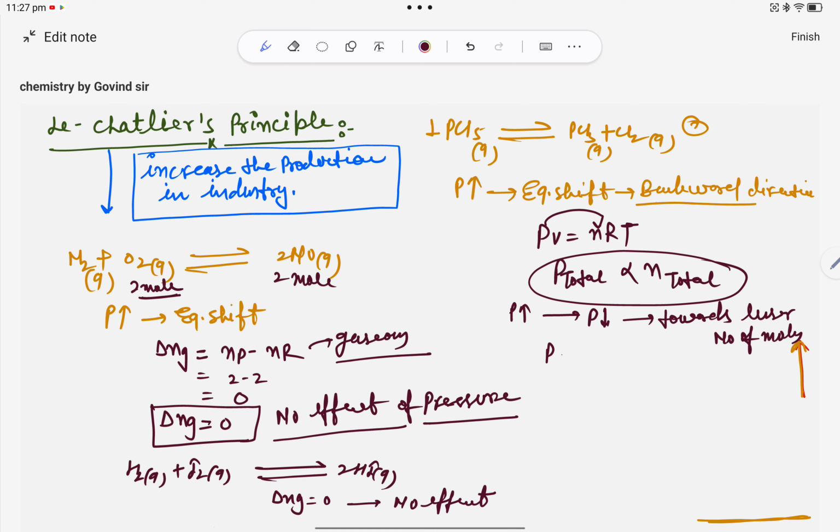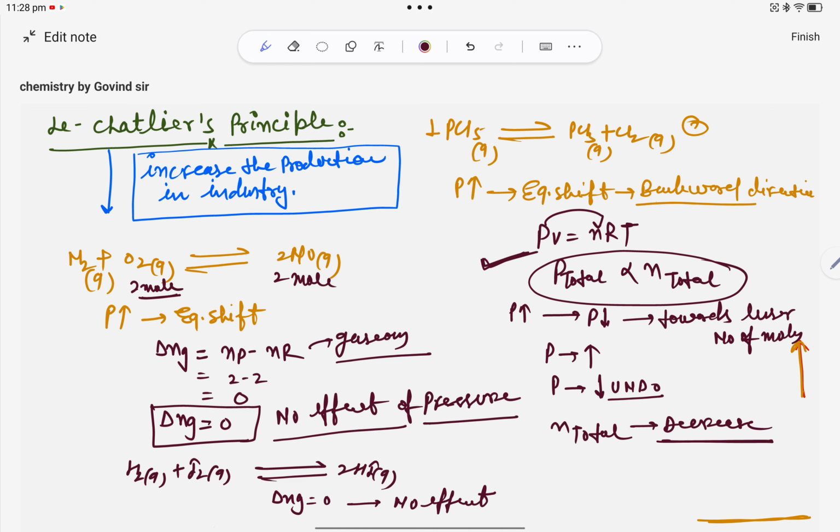That means it undoes the change, and the total N will decrease. So where you have fewer moles, the equilibrium shifts in that direction. If you do not get the first concept, you can use this concept also. So that is all about pressure.